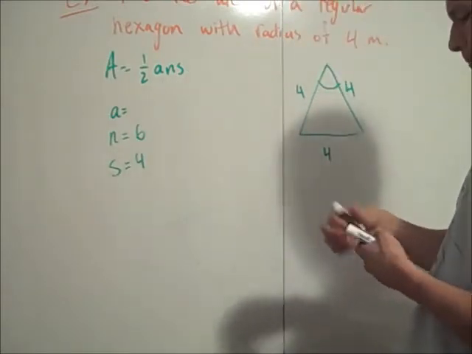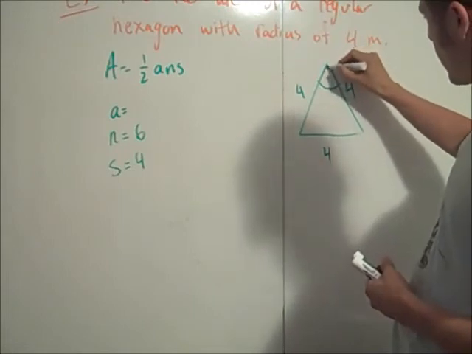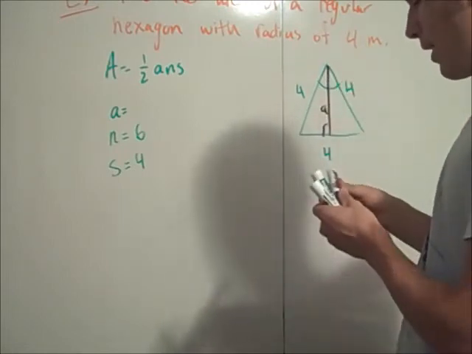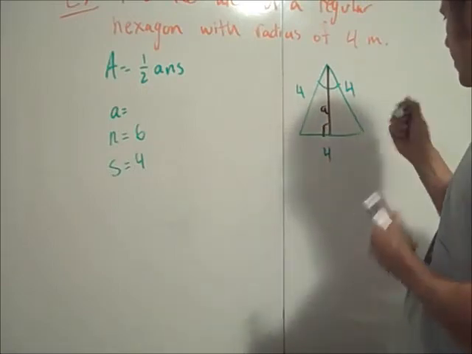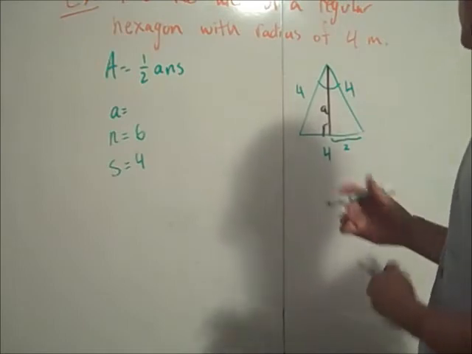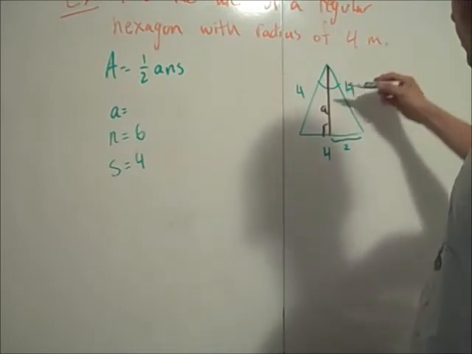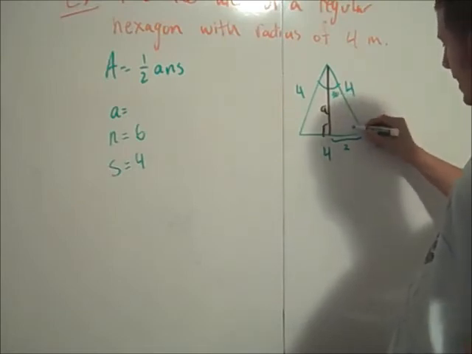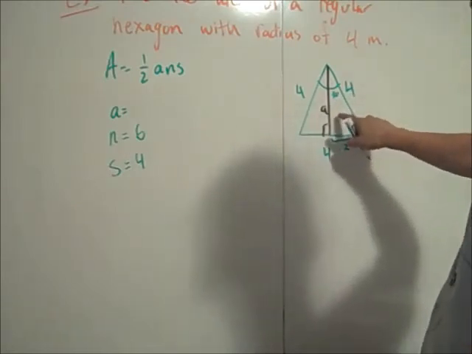So if we cut this triangle with the apothem there, now that's 2, right? So let's think about this triangle right here. This was a 60-degree angle. We cut it in half. That's 30. That's 90, and that's 60. This is a 30, 60, 90.